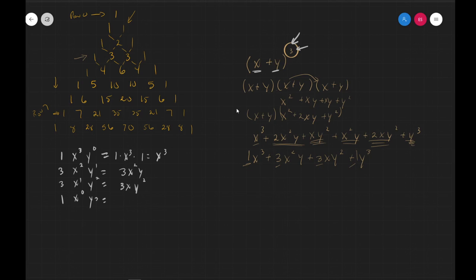And then this last row is going to be 1 times y cubed, which is just y cubed. Then we can write these down in order: x cubed plus 3x squared y plus 3xy squared plus y cubed.